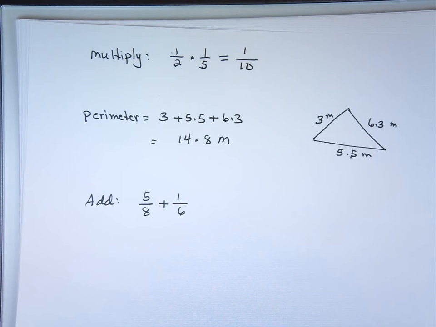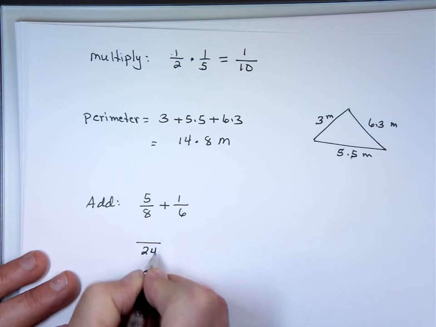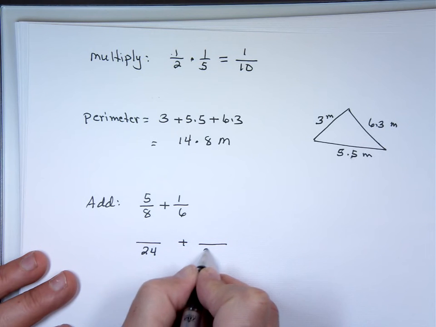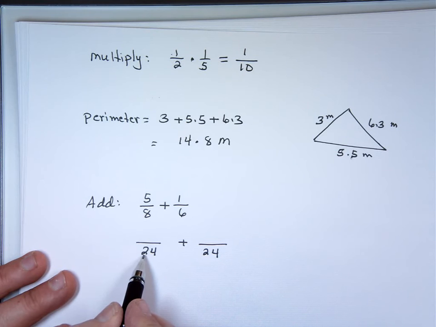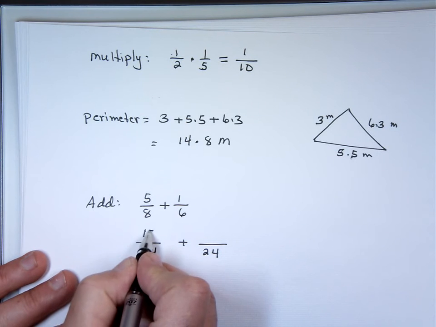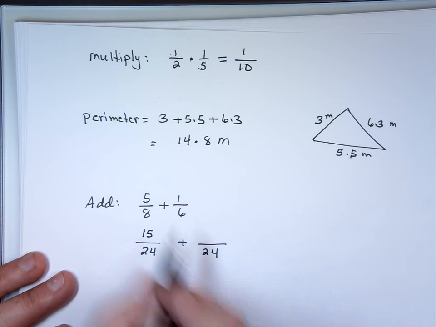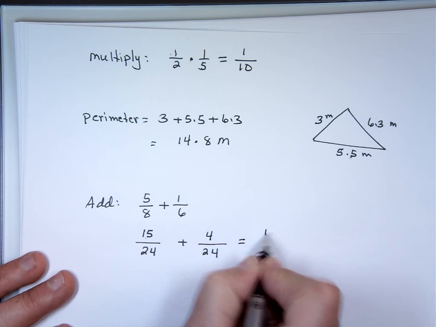What do you think? 24 is good. So I've got to multiply this by 3 to make it 24. 5 times 3, 15. I will have to multiply the 6 by 4 to make it 24. 4 times 1 is 4. 15 plus 4, 19 over 24.